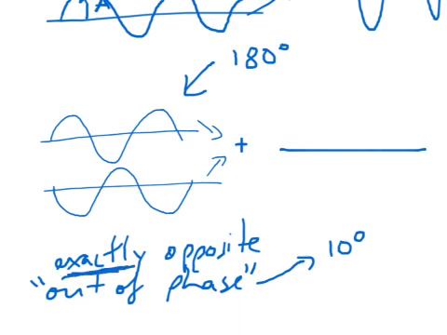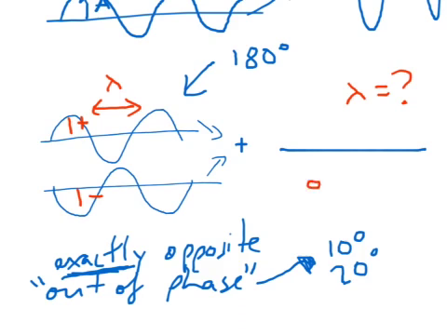So just be aware that you could be dealing with 10, 20, 33.7 degrees, or any sort of amount out of phase. So just looking again here, the wavelength is irrelevant in this case because there is none. And the amplitude, one's positive and one's negative, so they just cancel out to give zero amplitude.